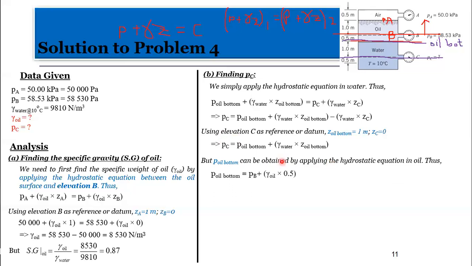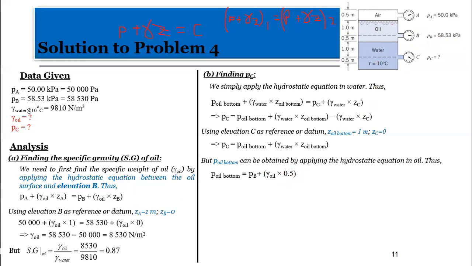Remember, P oil bottom here is simply PB, the pressure read by the gauge at B, plus the weight of oil times that elevation. Let me erase these things so that you can see this.